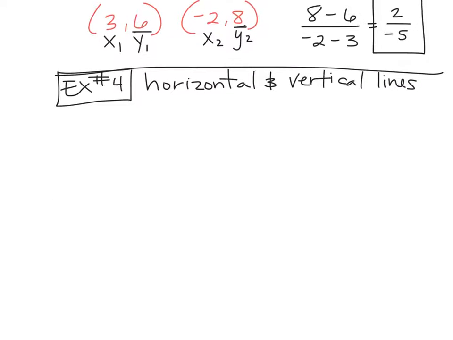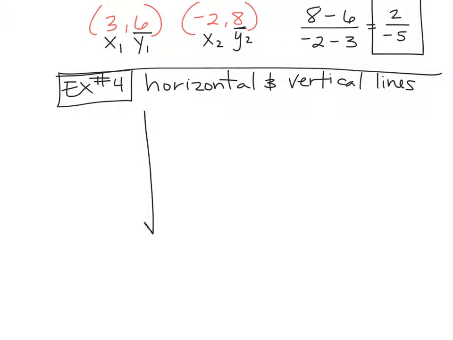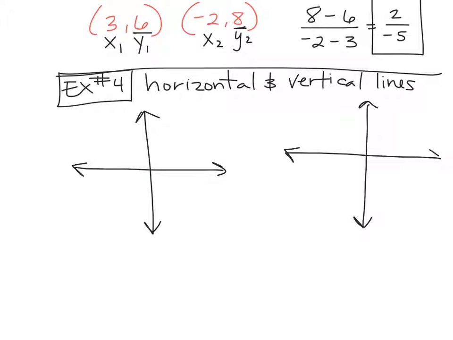Let's say we have a coordinate plane. Actually, we're going to do 2 coordinate planes. One here, one here. Okay, on our first one, we have a line like this. On the second one, we have a line like this.